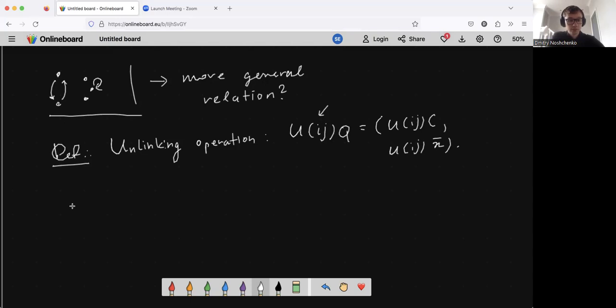Yeah, so let's first just fix the notation.